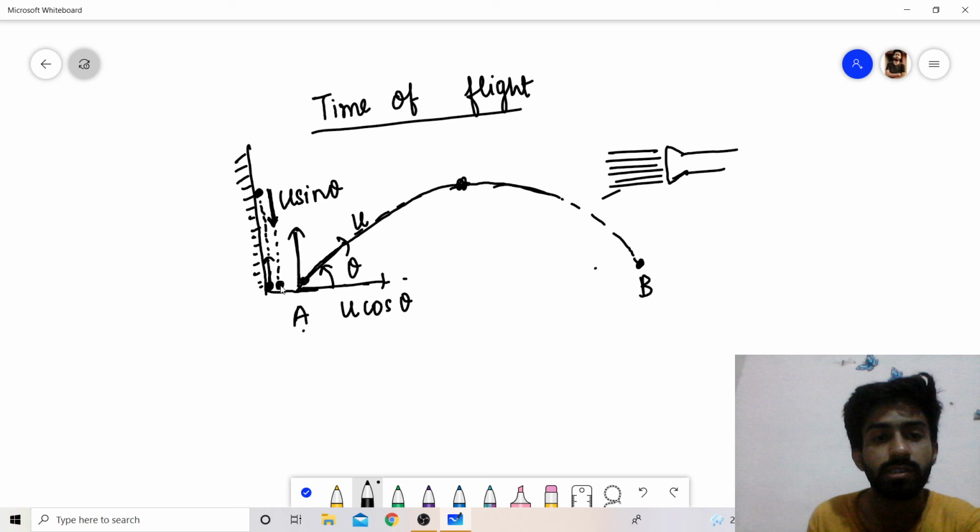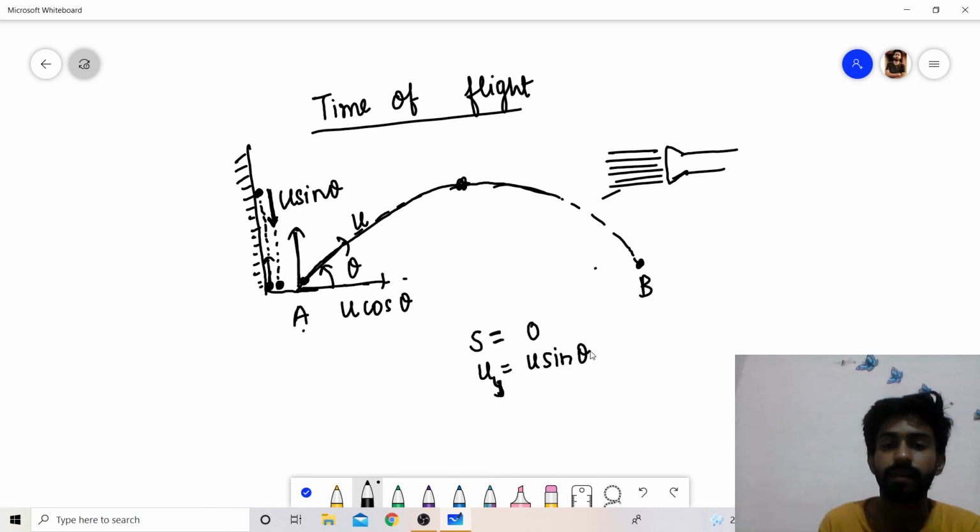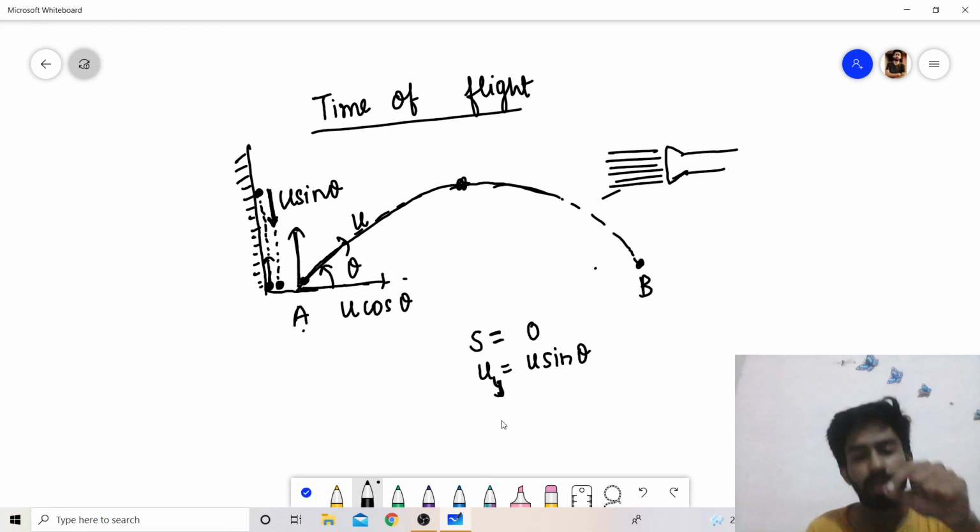So the time of flight is basically the time taken by this shadow to come back to where it started. If the shadow comes back to its initial position, the displacement is 0, and in the vertical direction the velocity is only u sin theta.